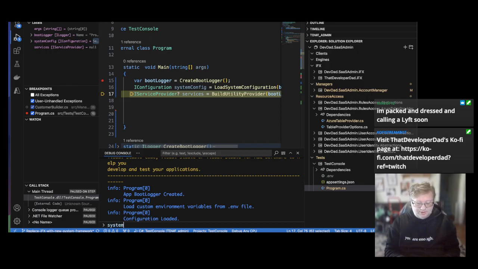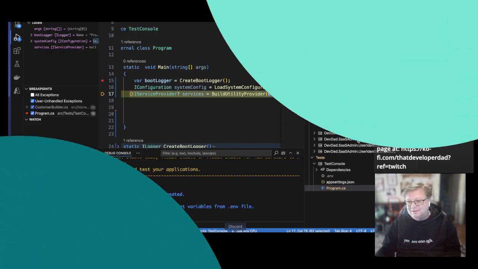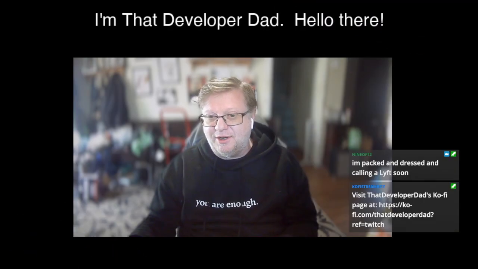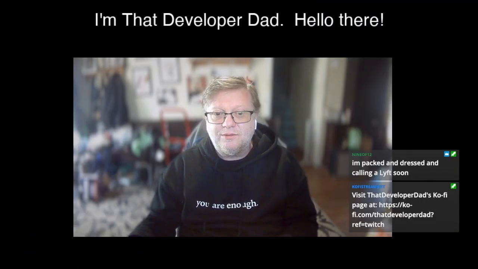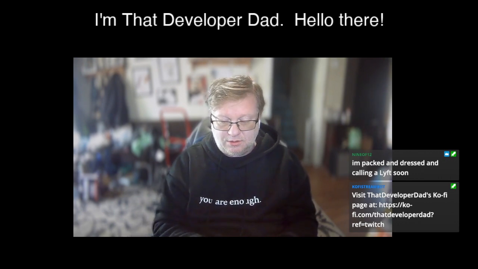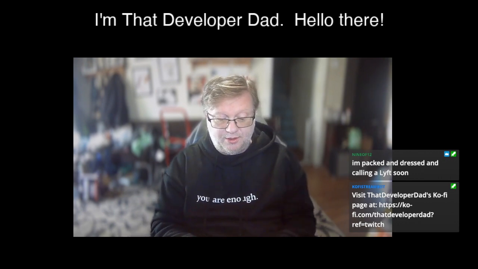Now, I do want to interrogate system config. So, system config dot get section. And I need to hide my screen for a second because I got to look some stuff up here. So let's pop in here, and customer account manager is what it's called. Get section, customer account manager.